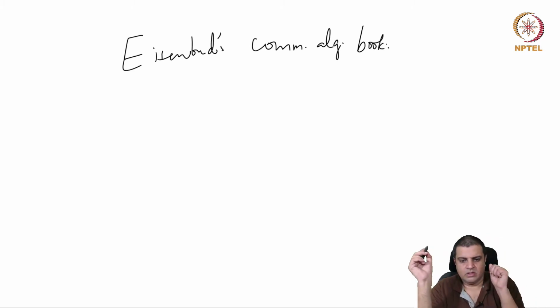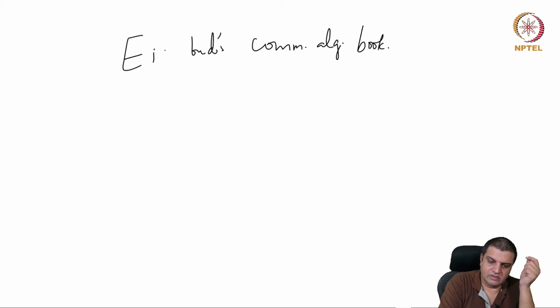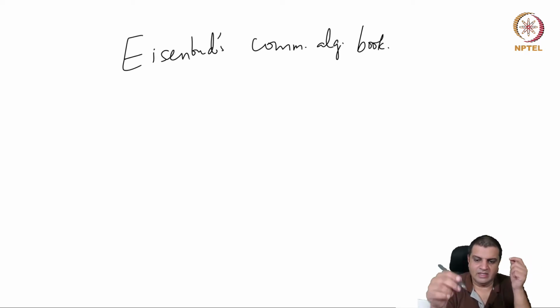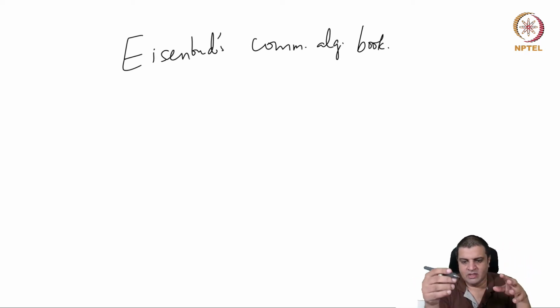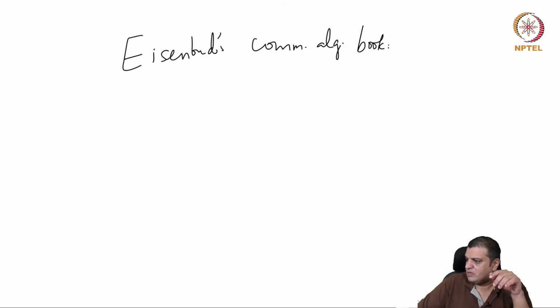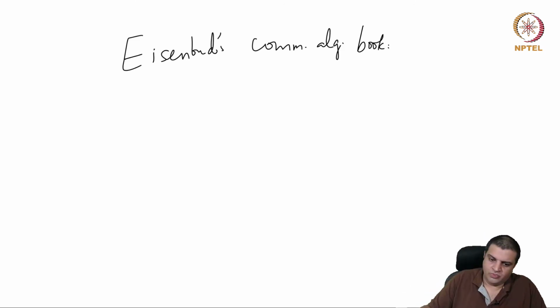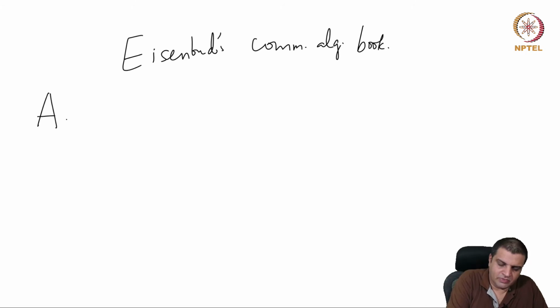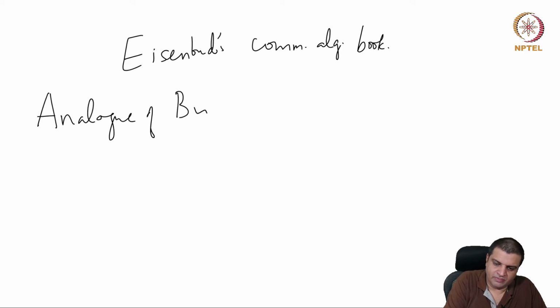Not every book discusses this in that generality, but discussing it for ideals is not enough to describe how syzygies will be, how a free resolution would be computed. So then we have an analog of Buchberger's theorem, S polynomial, all those things. So let's briefly review how that is.